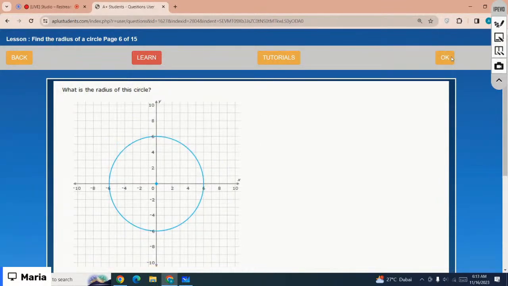Okay, the next one is, what is the radius of the circle? So which is the correct option?